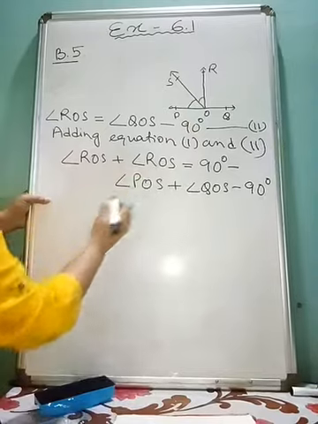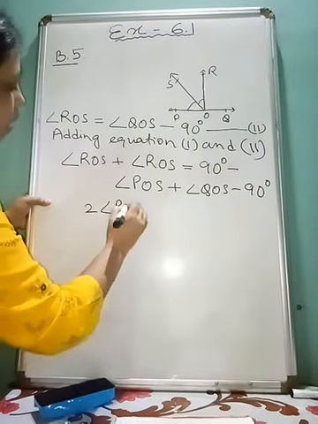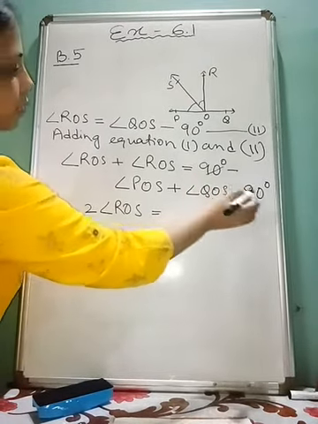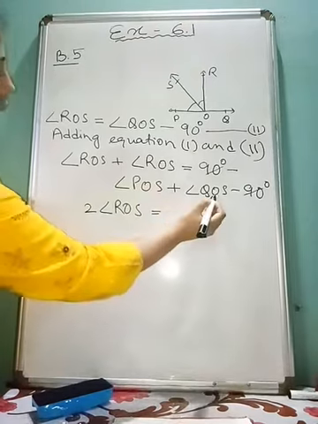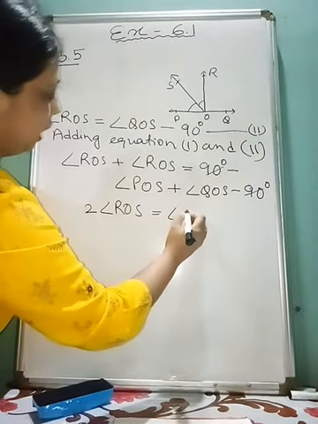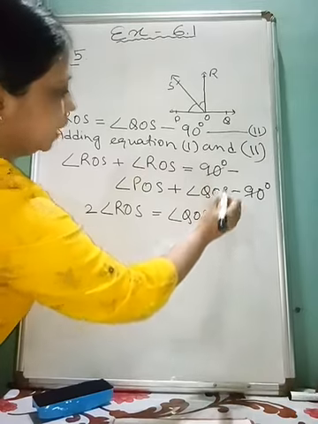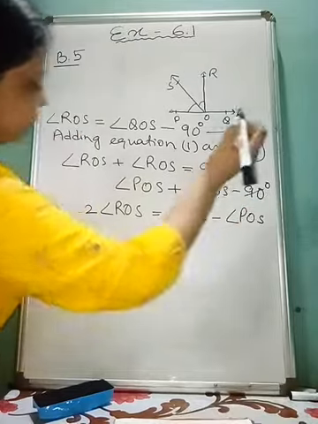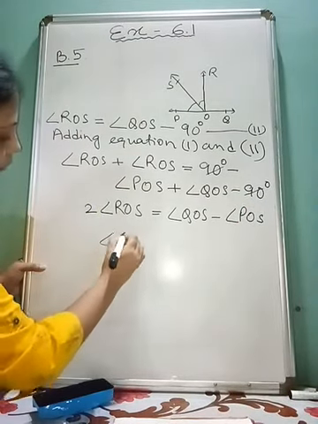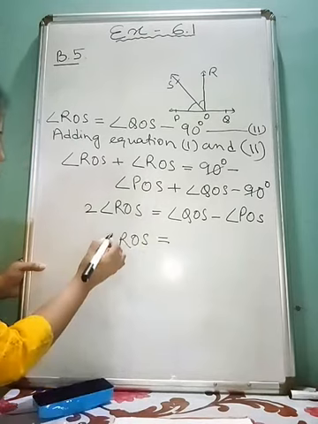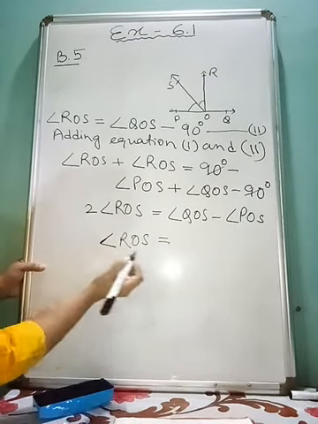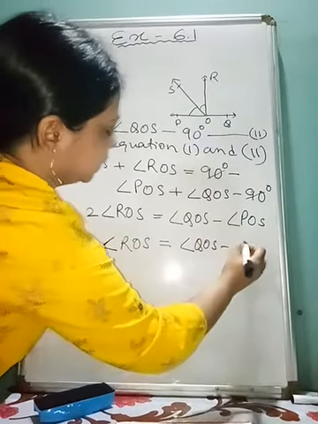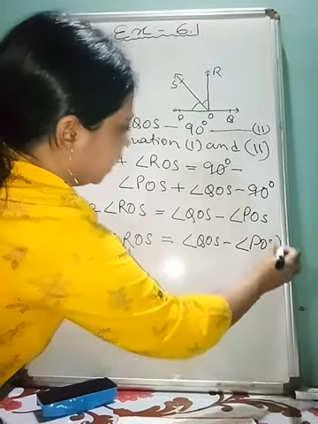Now there are 2 ROS, we will write here 2 angle ROS equal to. Now see, 90 degree minus 90 degree will get cancelled. So what you are getting is angle QOS is positive, then POS is negative, so minus angle POS. Now we will say 2 angle ROS equal to angle QOS minus angle POS.